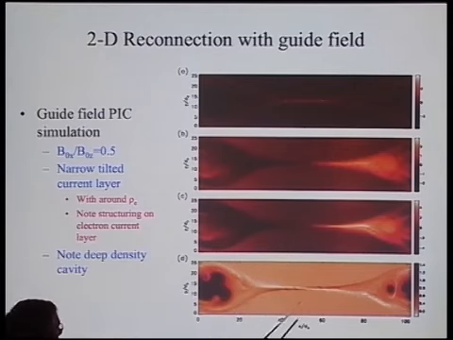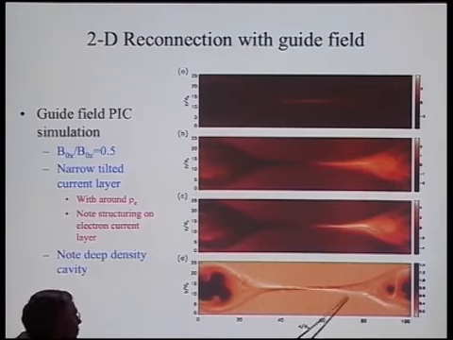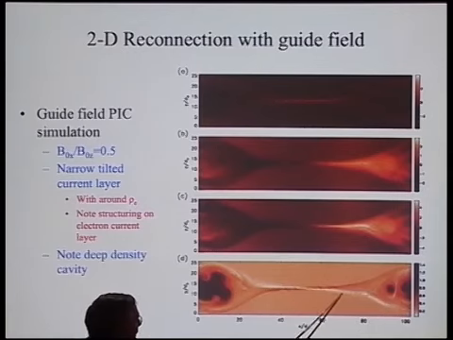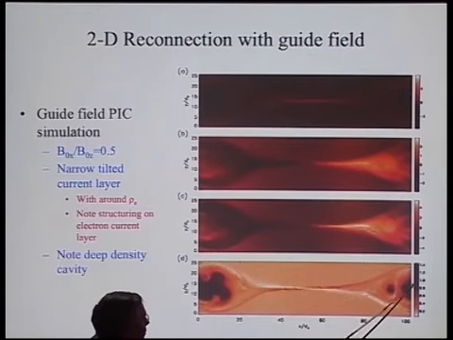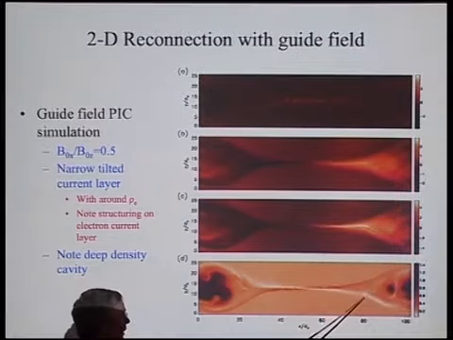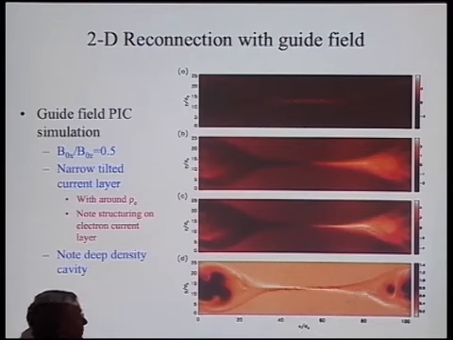Don't worry about this one. This is just to show these density cavities that we've been discussing earlier. The white is the cavity. It's pretty low. Of course, I wouldn't take these too seriously. This is a remnant from the initial current layer. But what you want to look at is the difference in density between here and here, which is fairly substantial, and also with the upstream density.